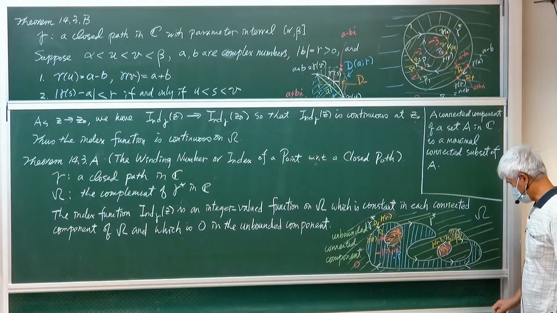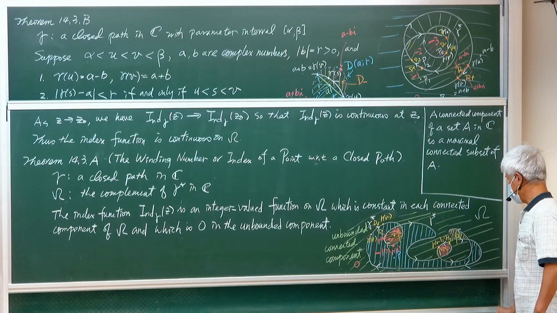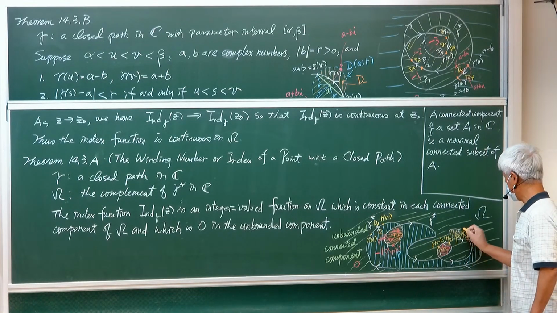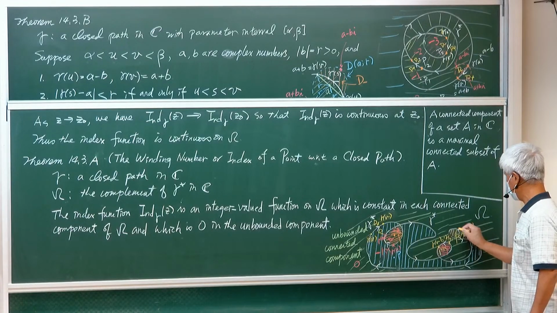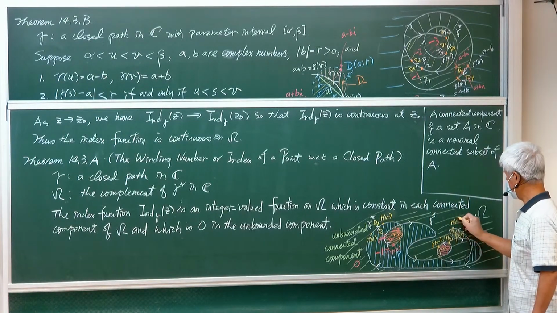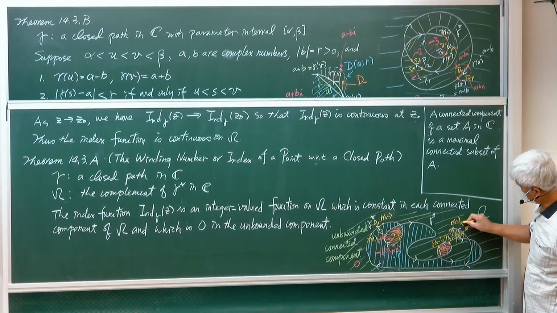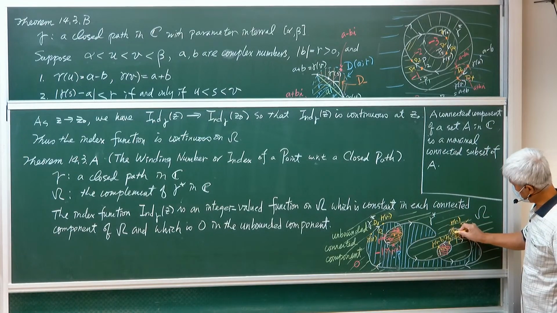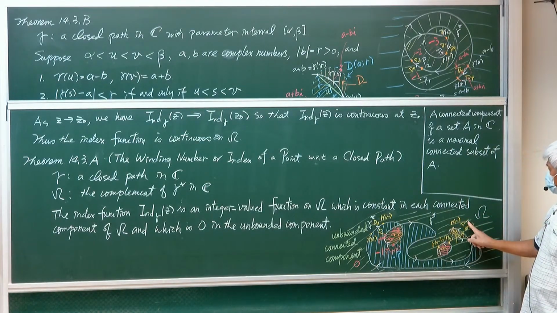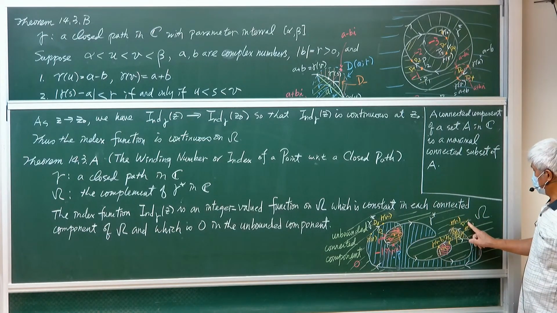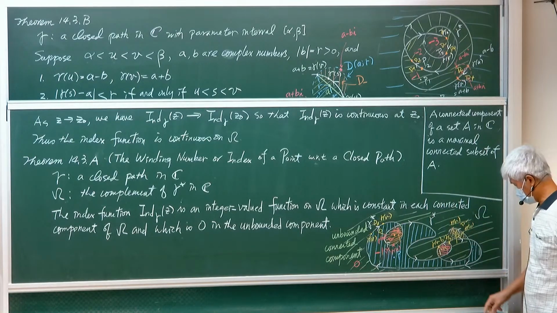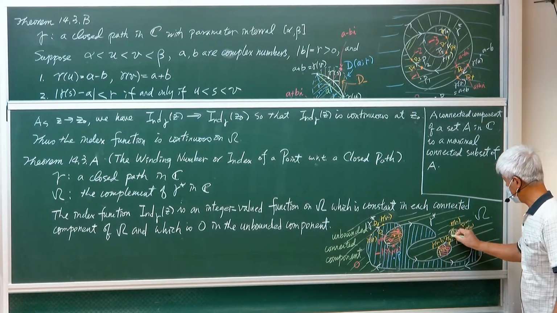How about the yellow one? Same, we select gamma u, gamma v, and the right-hand side is D minus, the left-hand side is D plus. D minus is 0, so D plus is 1. So you get 1 here.